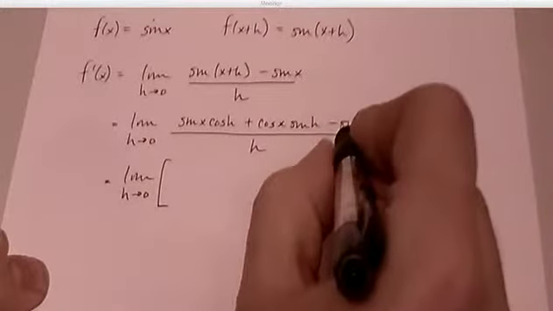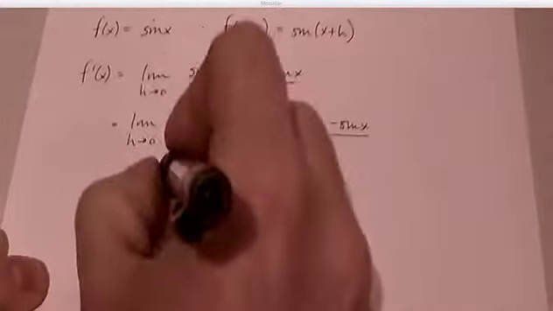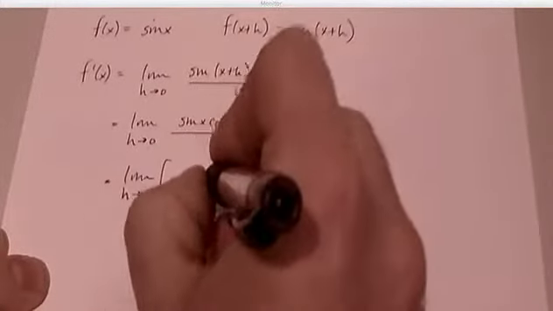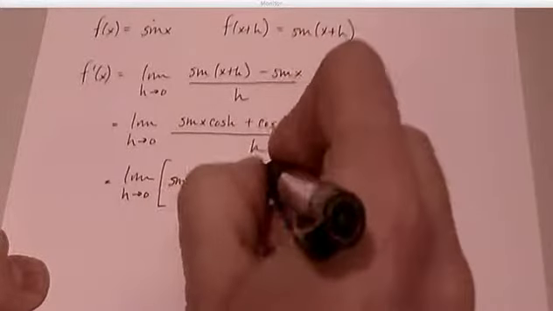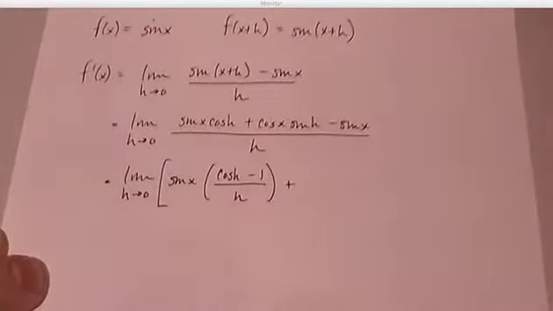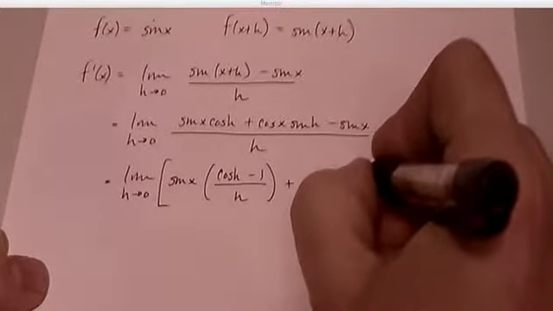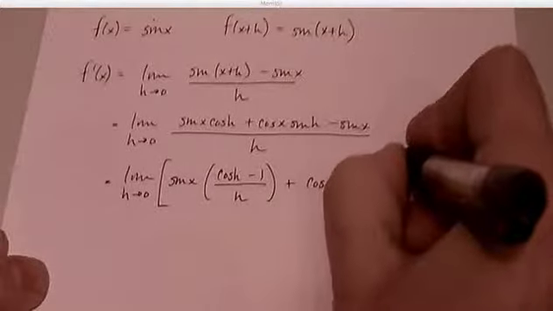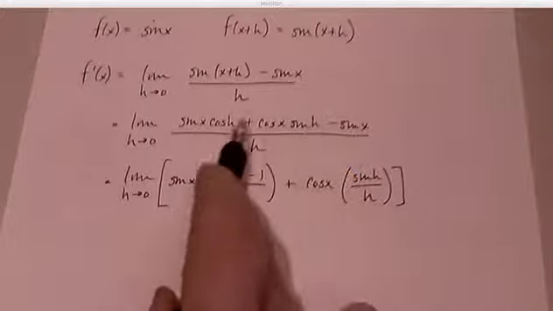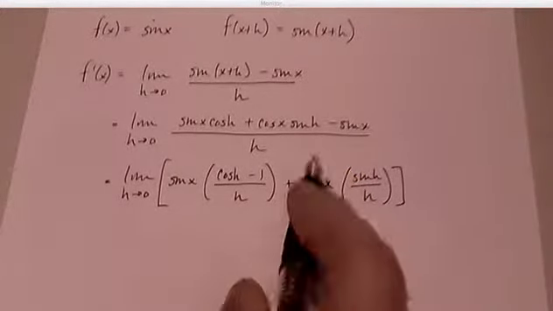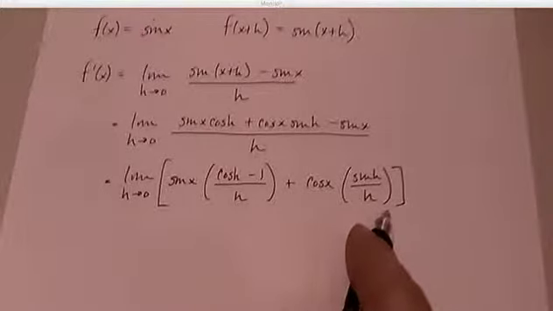Okay? I'm going to pull this third term over here next to this one, and then factor out the sine x. And when I do that, I get that. And then I'm going to go ahead and pull out that cosine x. Okay, so I've mixed up the order of the numerator terms and then separated fractions and rewritten it just to suit my purposes.